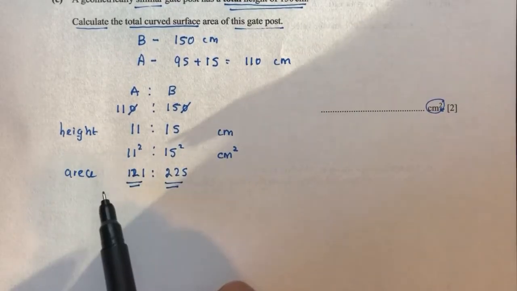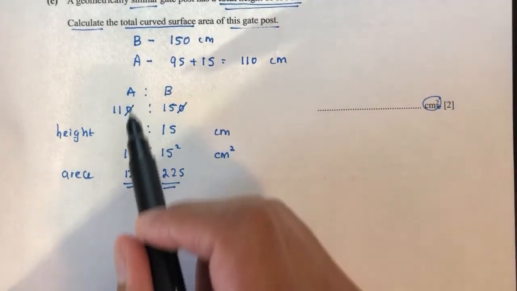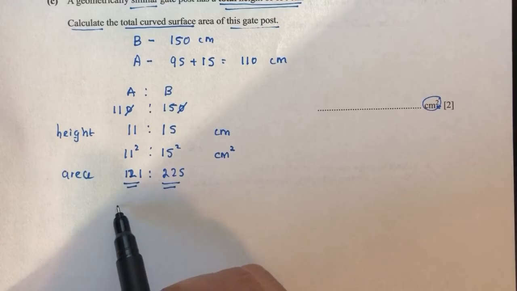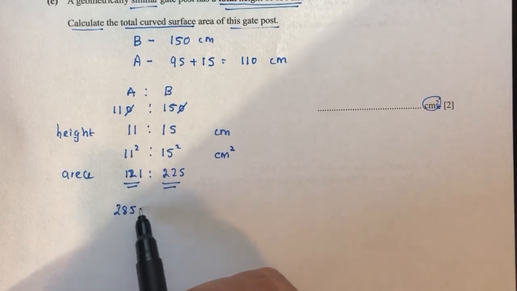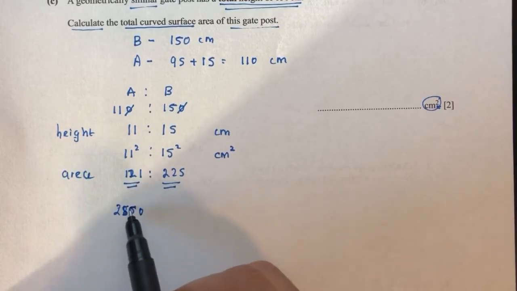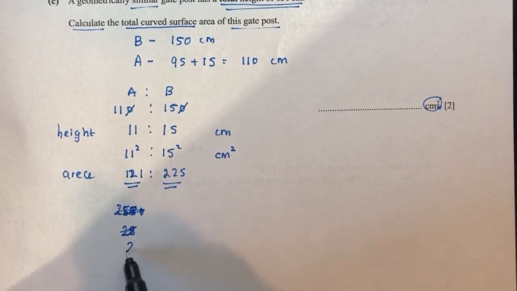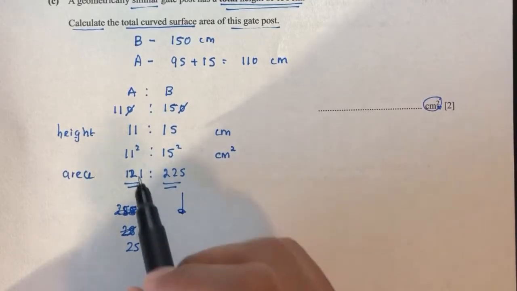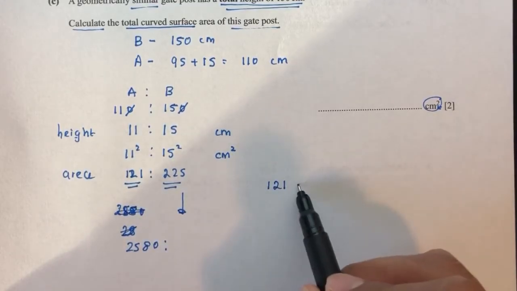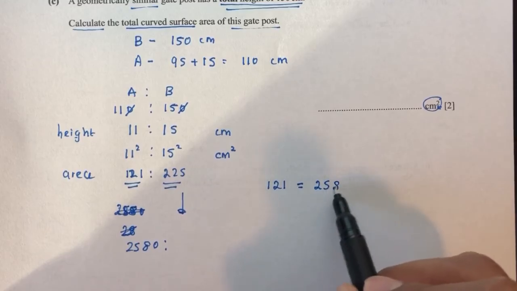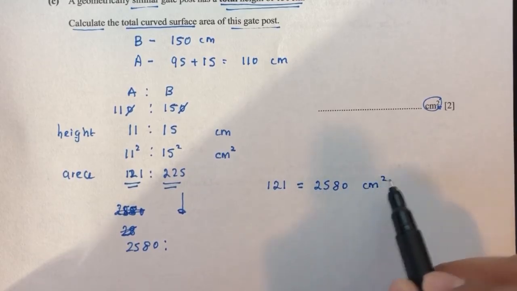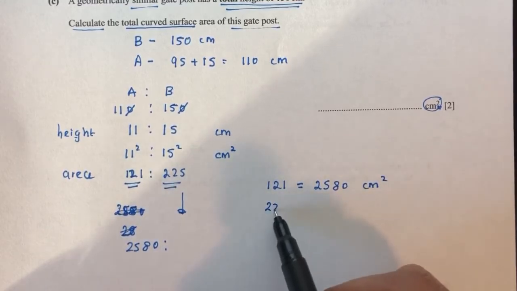Now from the previous answer, we have found the area of A is equal to 2580. So we need to find this value. 121 represents 2580 centimeters square. How much will 225 represent?